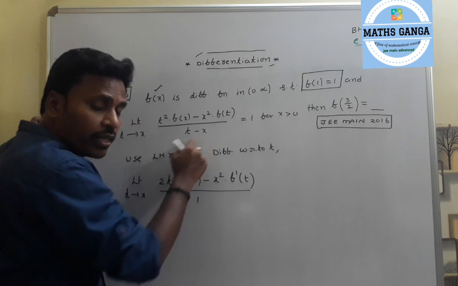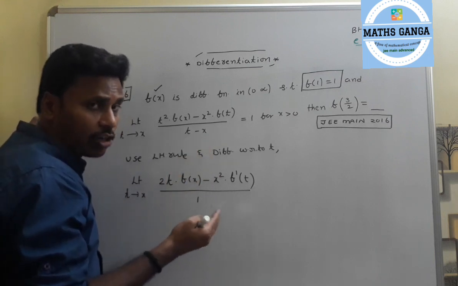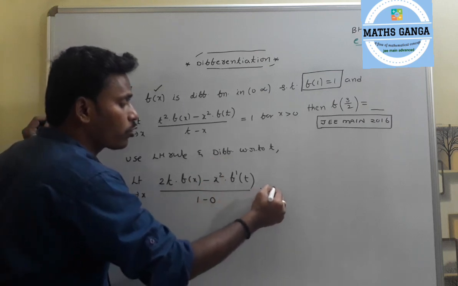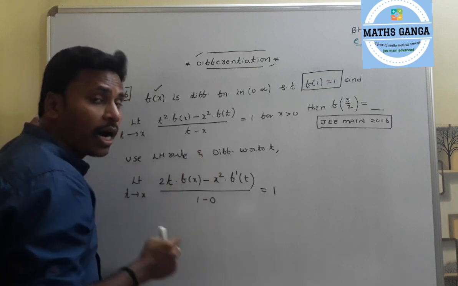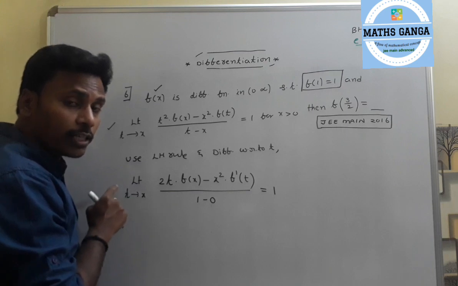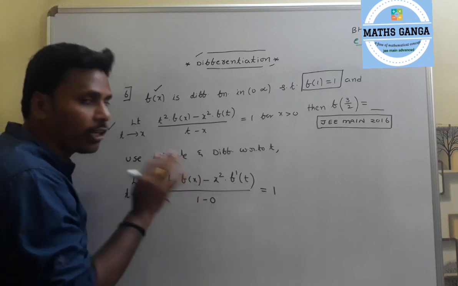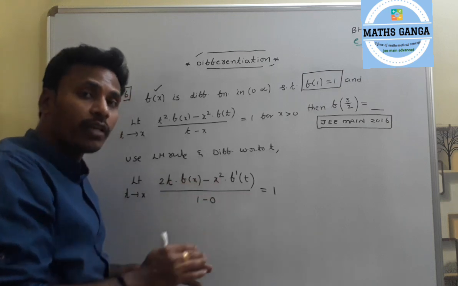For x, since we are differentiating with respect to t, treat x as a constant, so the derivative of x is 0. This is equal to 1. Since t is tending to x, t is the variable, so with respect to that we need to differentiate, and x is constant related to t. X is not a constant actually, but from the side of t, it is constant.